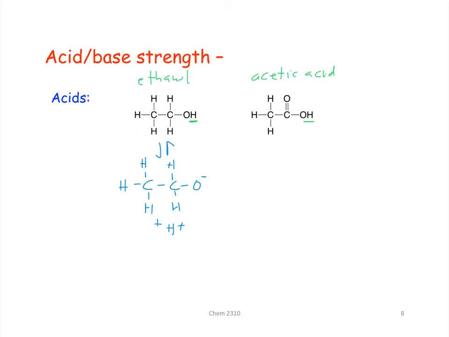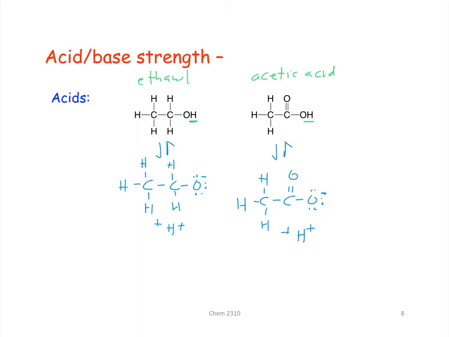All right, so let's draw out the conjugate base of acetic acid. And again, we're going to draw that by removing a hydrogen from the oxygen. Okay, so we're removing it as H plus. So to keep this balanced, we're going to have a minus on the oxygen, right? We have 3 non-bonding pairs on each of these oxygens.